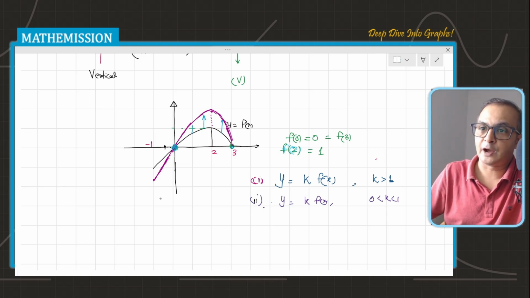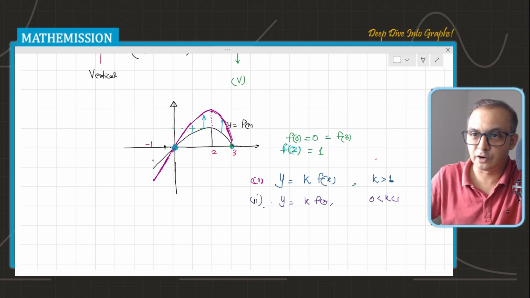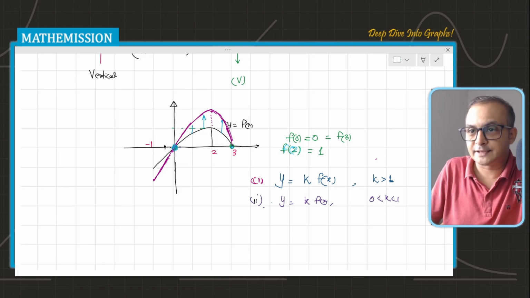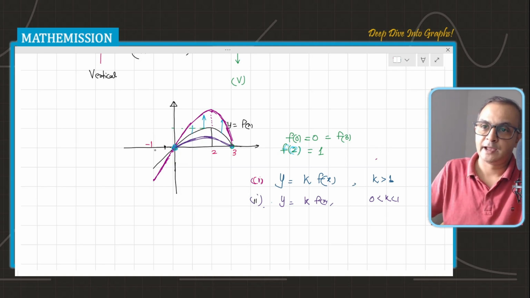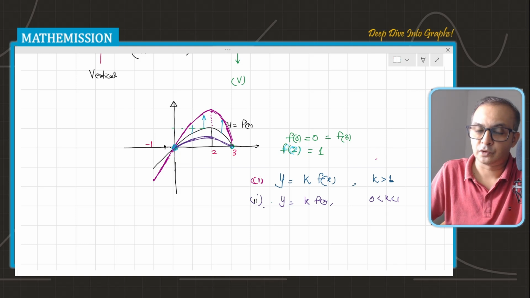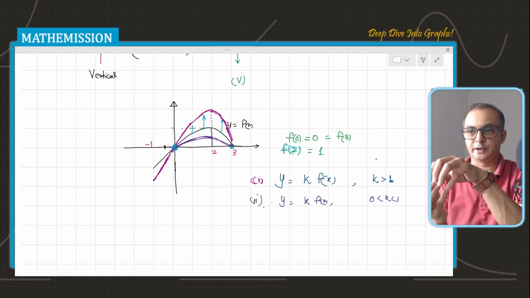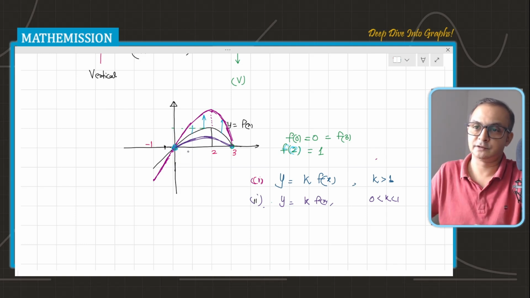It means the graph will now be like this, compared to what was originally drawn. On this side it will go down, it will come like this, and again it will hit 3, because at the x-axis the points are already pinned. On the left side of the origin we have a lesser negative value, because now k is between 0 and 1, so this will come like this.